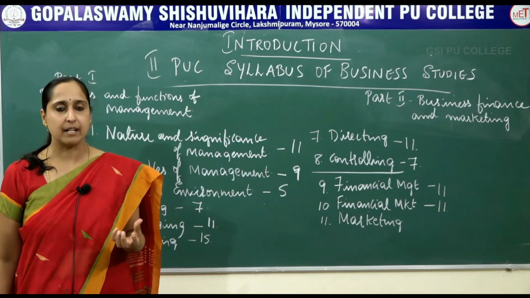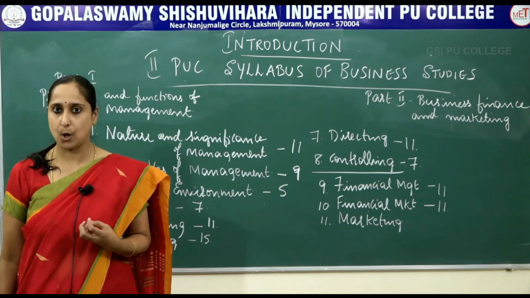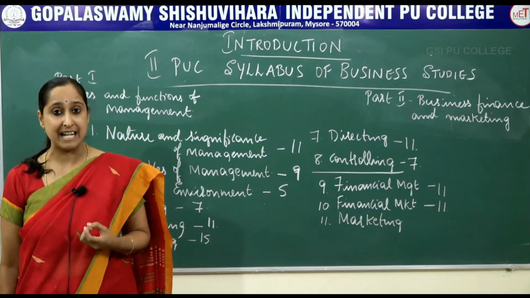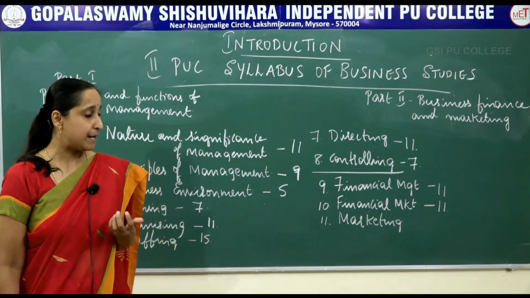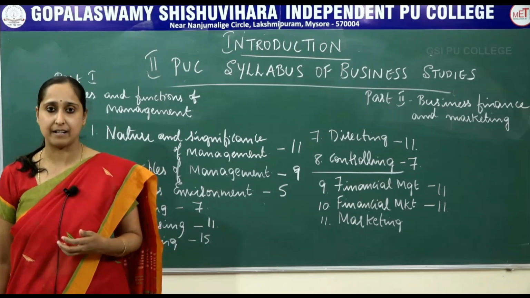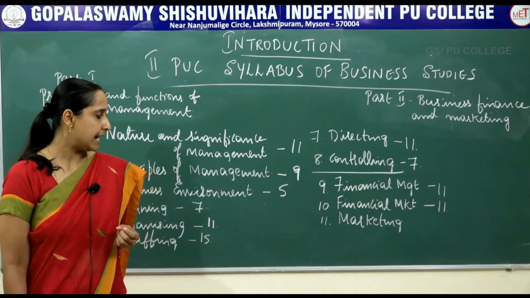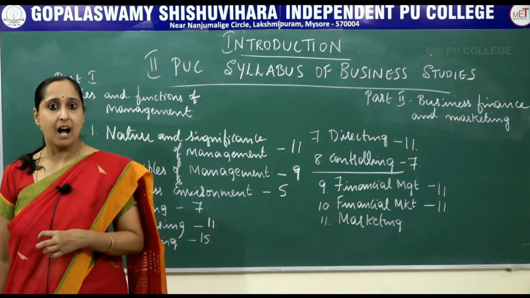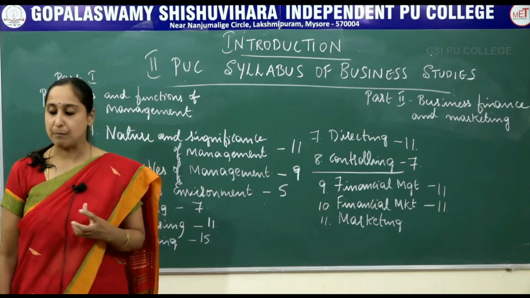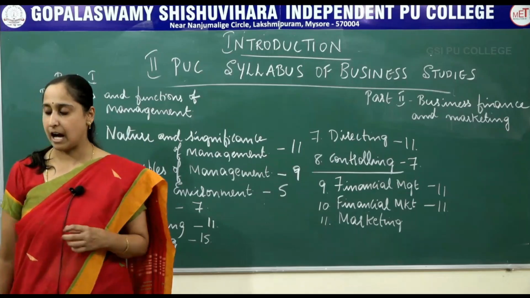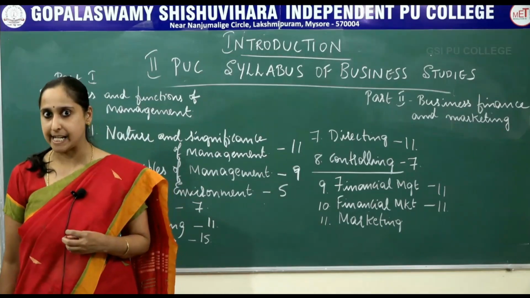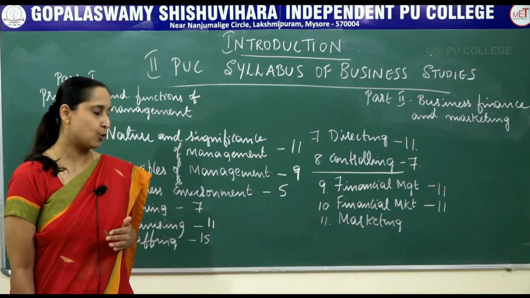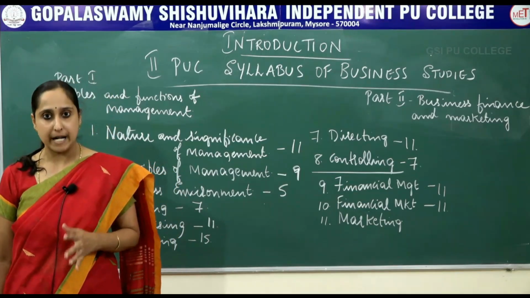Here product means we see how a product is being manufactured, and branding, labeling, packaging, and in pricing we see what are the factors which affect the pricing, and then place, how the products are distributed, and in promotion we see advertising, personal selling, sales promotion and publicity. We study all these topics in the chapter marketing.